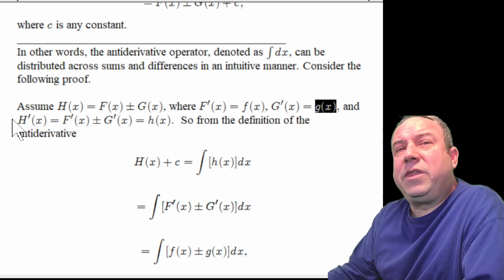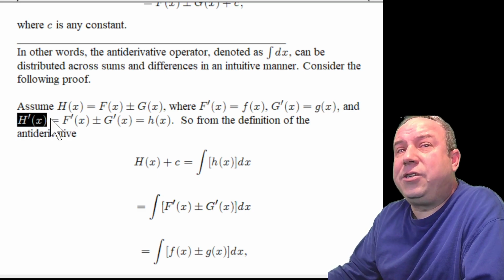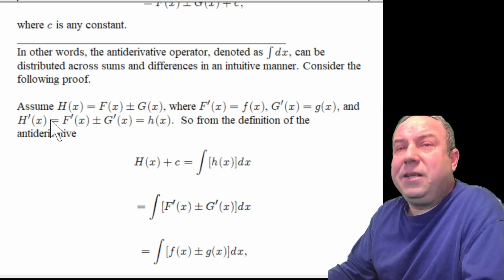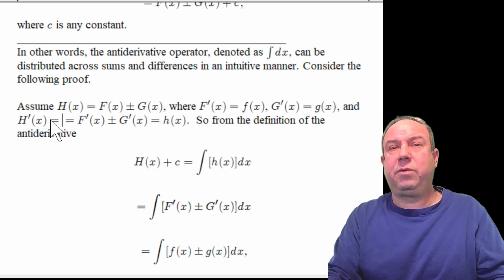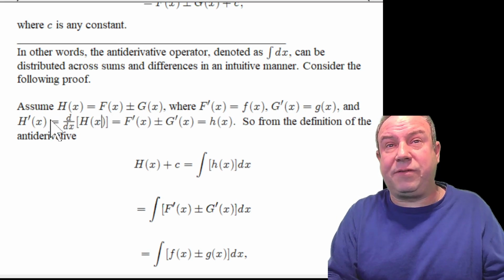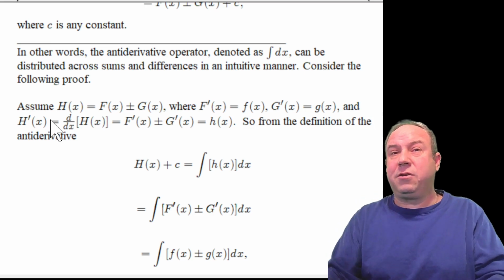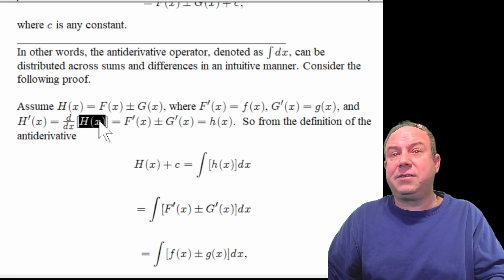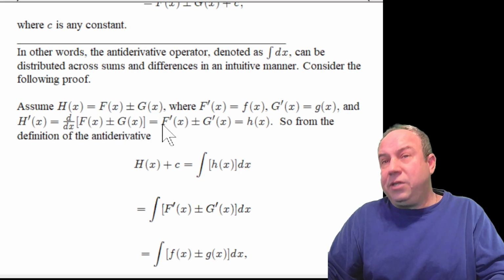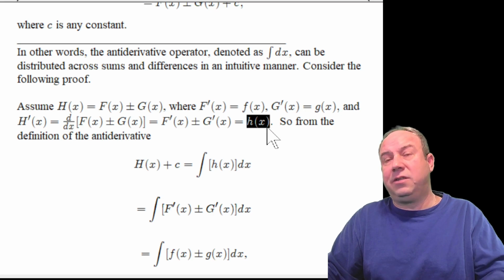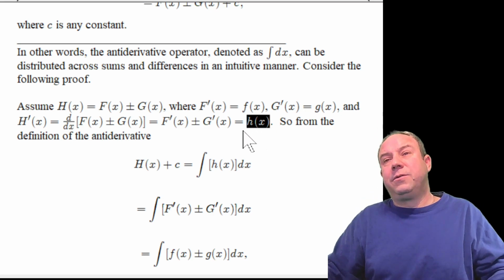And the derivative of cap h prime of x is going to be equal to the derivative with respect to x for f of x plus or minus g of x, which will yield from our derivative rules f prime of x plus or minus g prime of x, which is equivalent to little h of x.